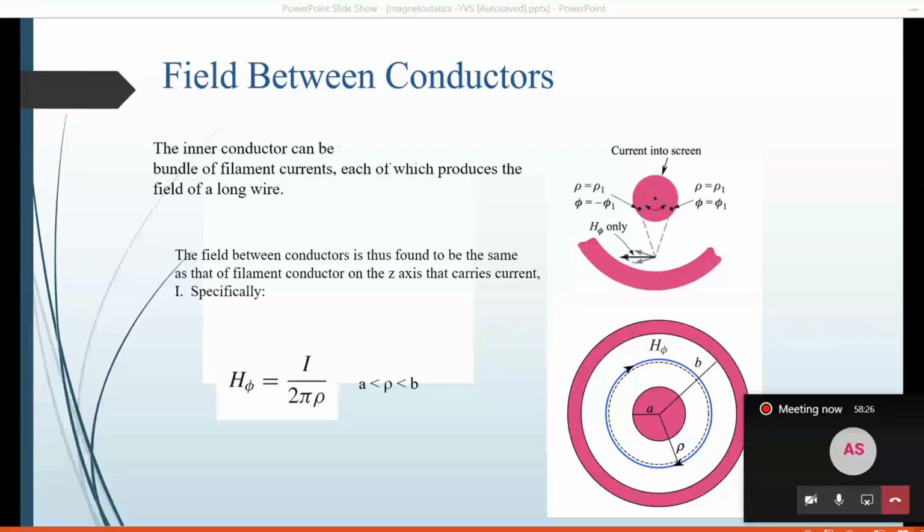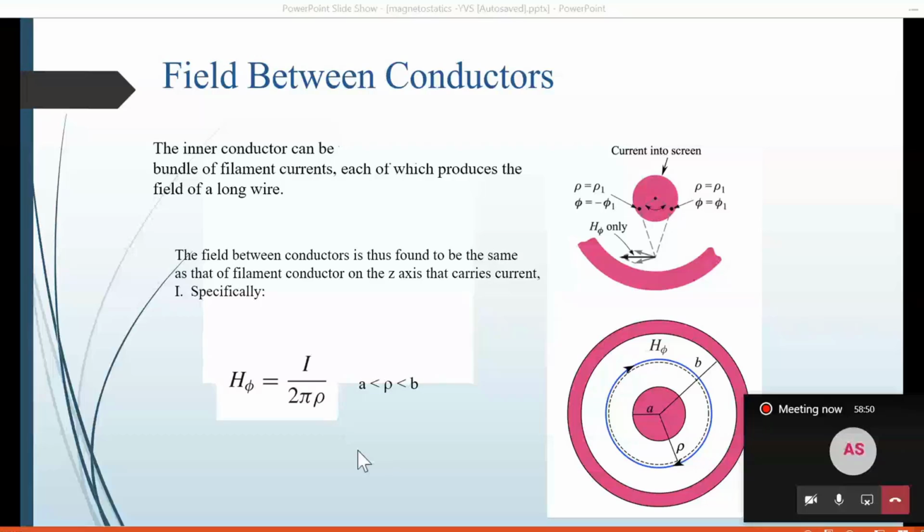Now, as this path has completely enclosed the conductor, and I is the current flowing through the entire conductor, which is of infinite length, we are just seeing the cross section. The conductor is completely enclosed by a path of radius rho.